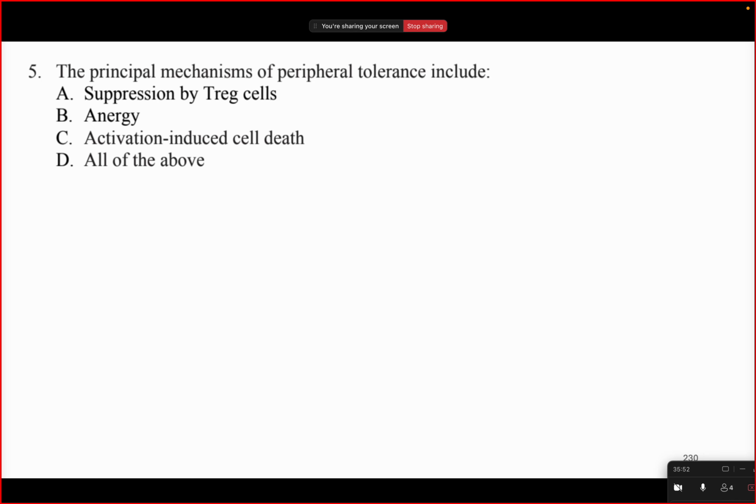The principal mechanisms of peripheral tolerance include suppression by Treg cells, anergy, activation induced cell death, or all of the above.